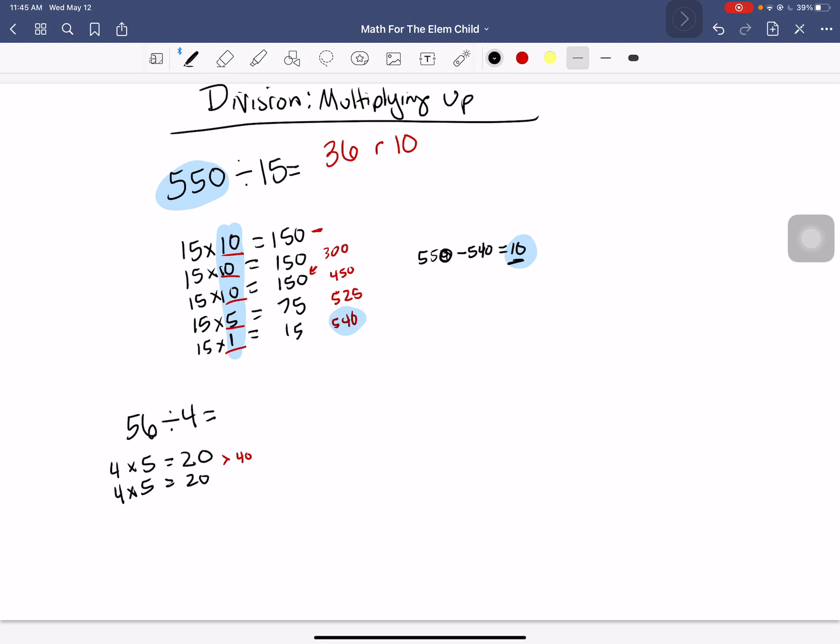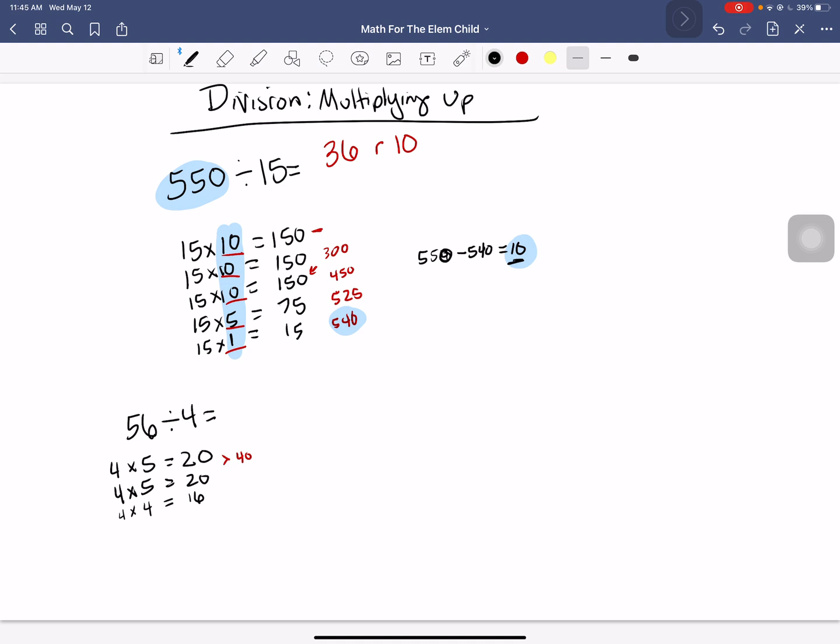I cannot multiply 4 times 5 again, because then I will have 60. But I can do 4 times 4 to get 16.